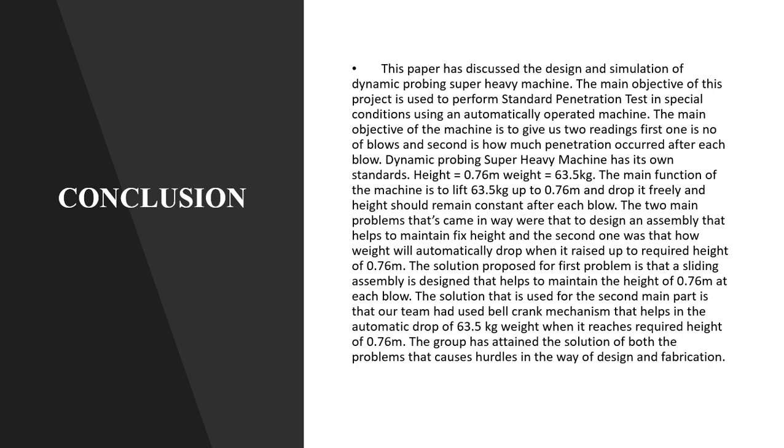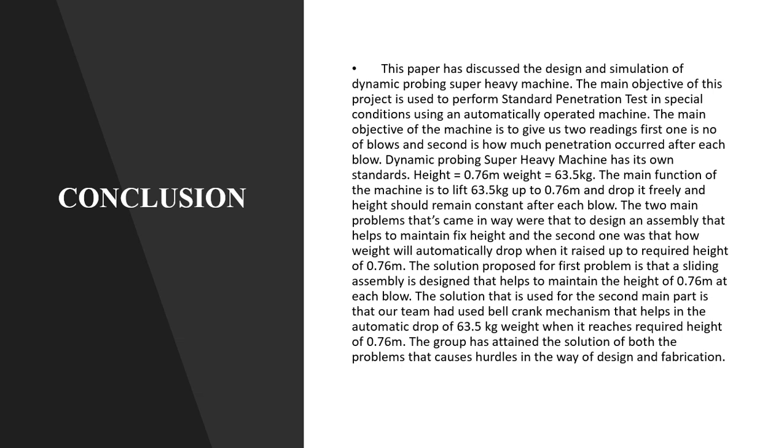The dynamic probing heavy machine has its own standards: the height is 0.76 meter and the weight should be 63.5 kg. The main function of the machine is to lift 63.5 kg up to 0.76 meter and drop it freely, and the height should remain constant after each blow as discussed before.